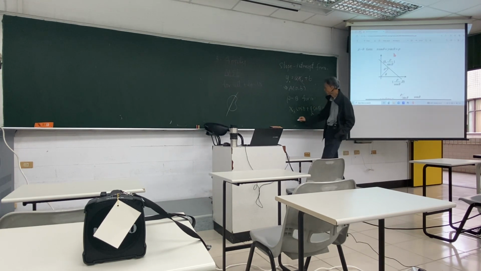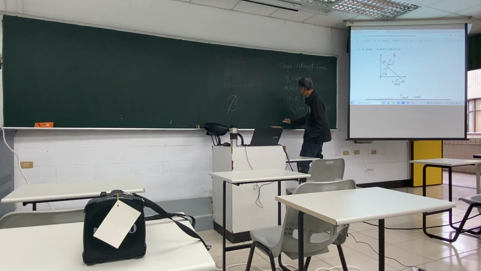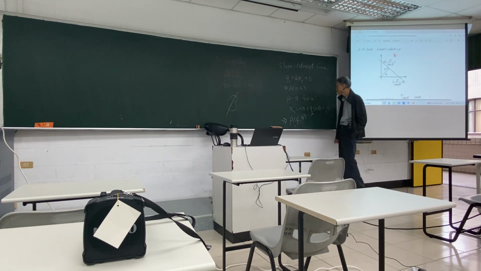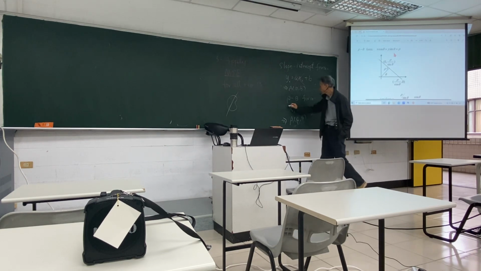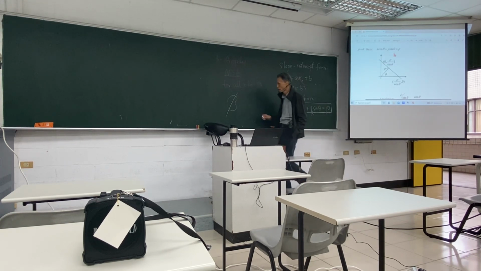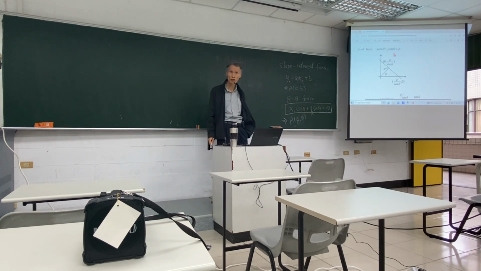Now our accumulator becomes theta and rho, or rho theta, that'll be fine, either way. This is much better. And this is how we implement the Hough transform for line detection.